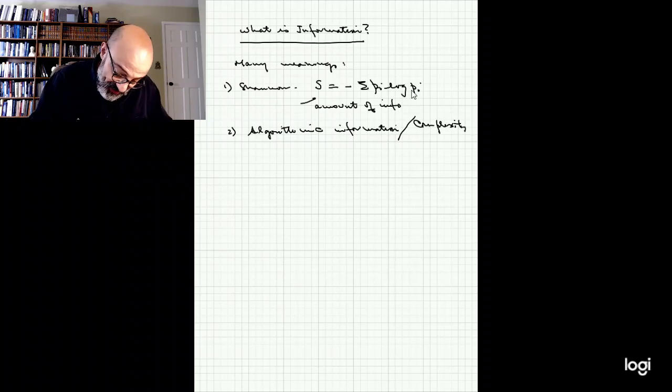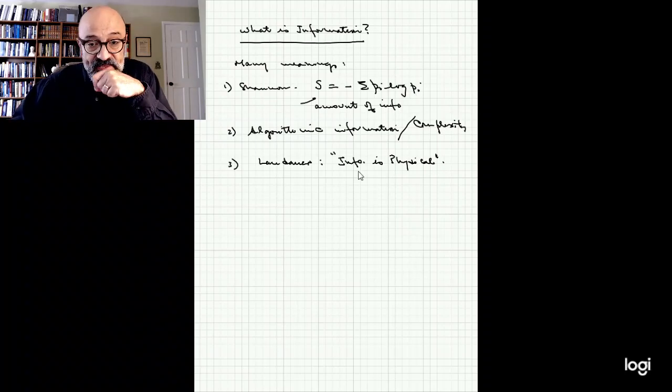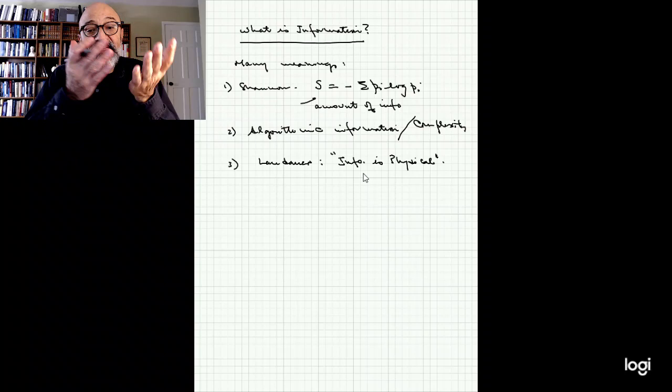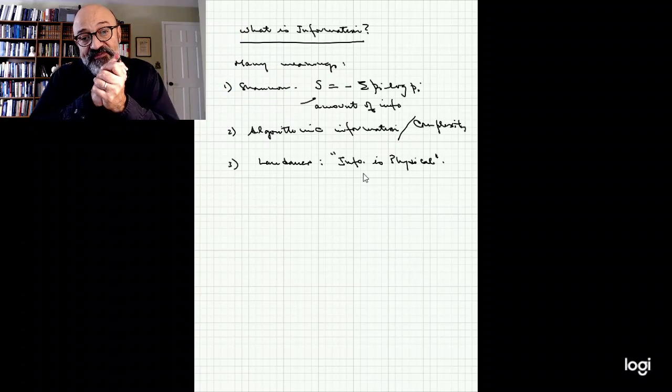There is another aspect associated to the name of Landauer, which is his slogan: information is physical. The idea here is that when you receive a message, the message is always going to be codified in some physical form. It's either written on a piece of paper, or in an electromagnetic wave, or in various ways.